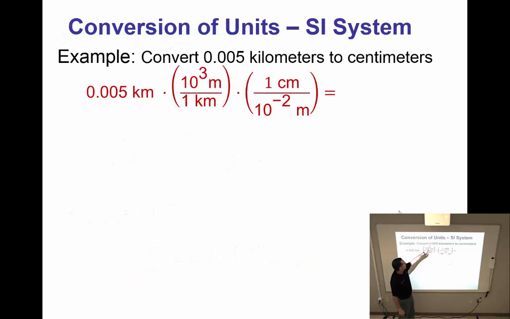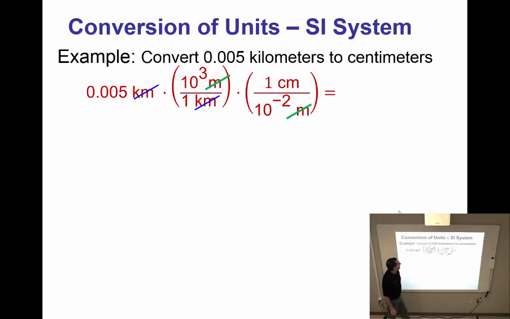So if I'm converting 0.005 kilometers to centimeters, notice that there are 2 conversion factors. I'm going from kilometers to meters first, and then from meters to centimeters. My kilometers are going to cancel out.